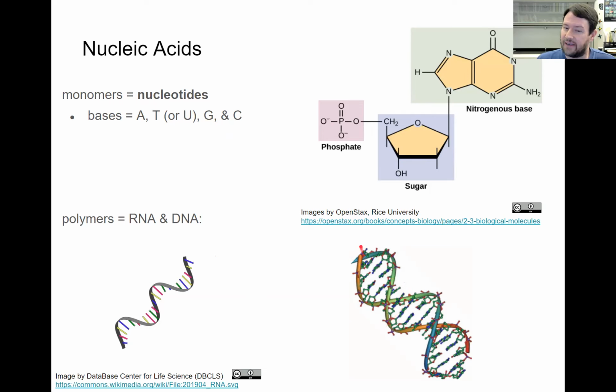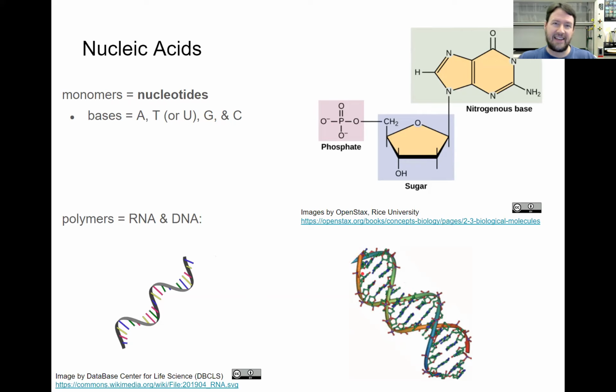And DNA is interesting because it likes to form this double helix structure, which is a great, very stable form for the long-term keeping of coded information. So inside of the nucleus of our cells are the chromosomes, which contain DNA and also some protein, but the DNA is kind of the critical thing there.